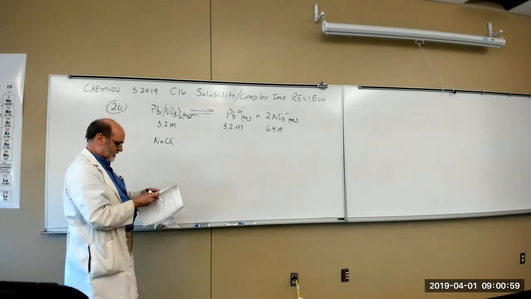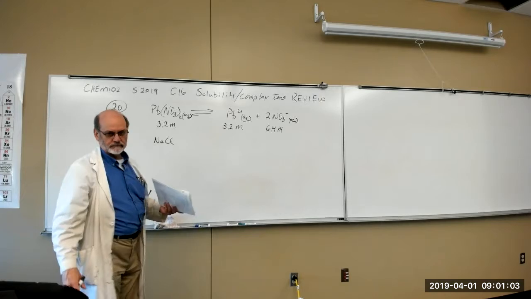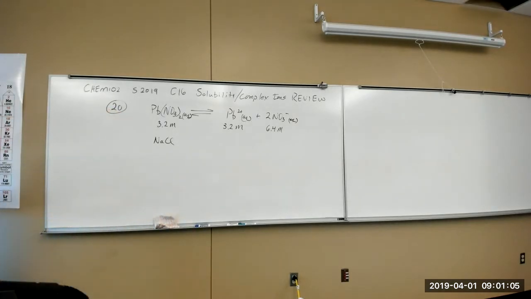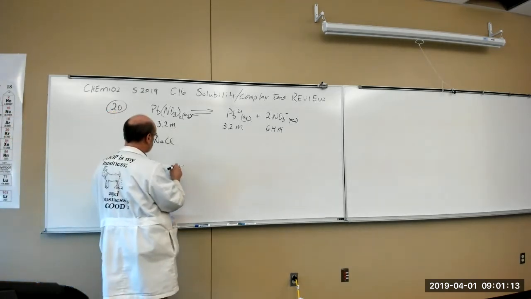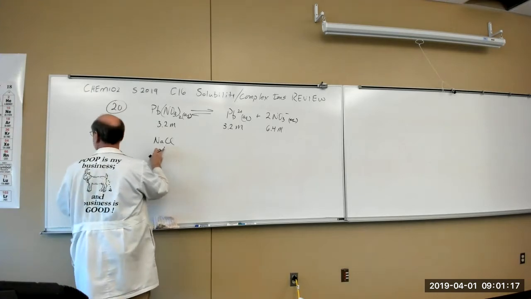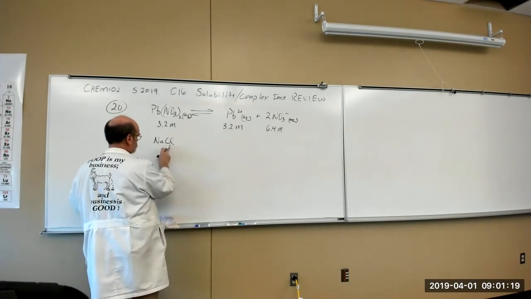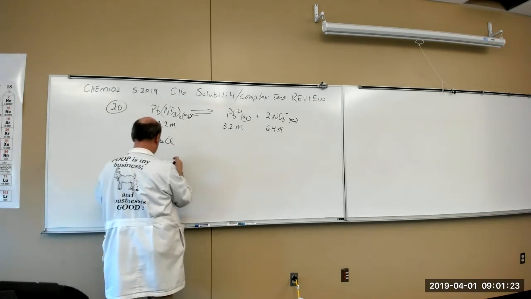So all nitrates are 100% soluble? All nitrates are soluble, and all alkali metals are soluble. So with the sodium and the chlorine together, most chlorides are soluble, but all sodium salts are soluble. So this one is soluble.